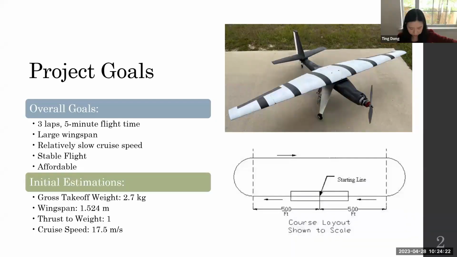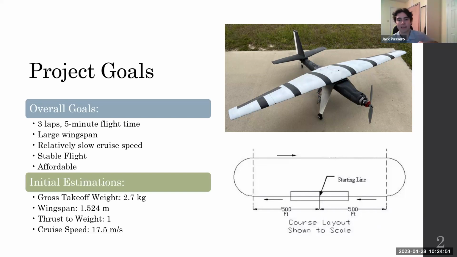The project goals, page 2. I see the takeoff weight, wingspan, thrust weight ratio, cruise speed. Why didn't you include the wing loading? We decided that we didn't want to go too in depth with everything on our project goals, just for time considerations on the presentation, as well as leaving everyone enough to talk about and explain within their own slides.